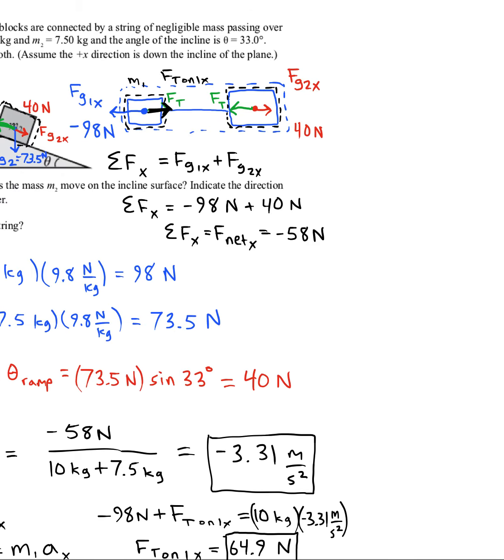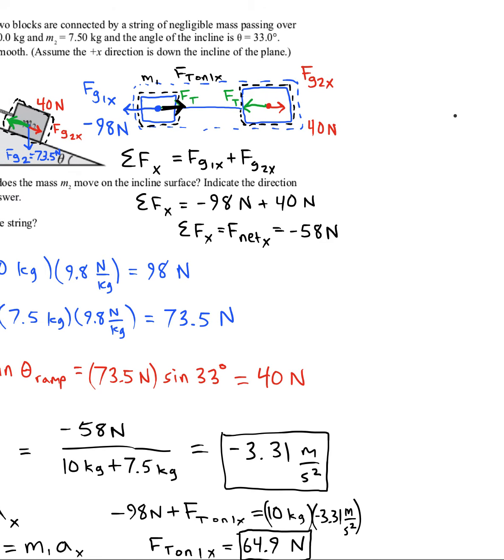And over here, let's do an equation for M2. For M2, we would say F net on 2 equals M2 times A in the x direction.